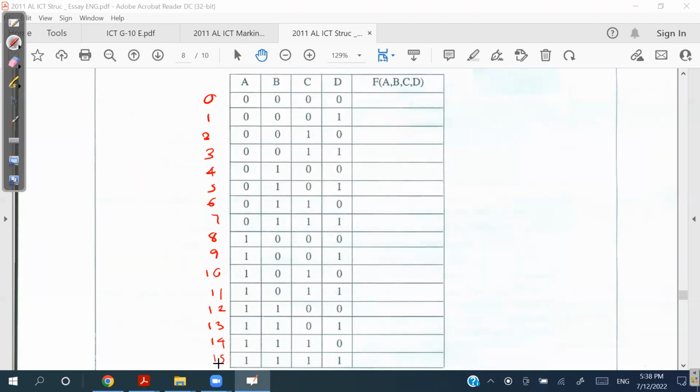So the prime numbers are going to be 1, 2, 3, not 4. 5 is going to be a prime number, not 6. 7 is going to be, not 8, not 9, not 10. 11 is going to be, 13 is going to be, that's all. So the rest of the places will have zeros. Right, so the truth table should be filled like this.